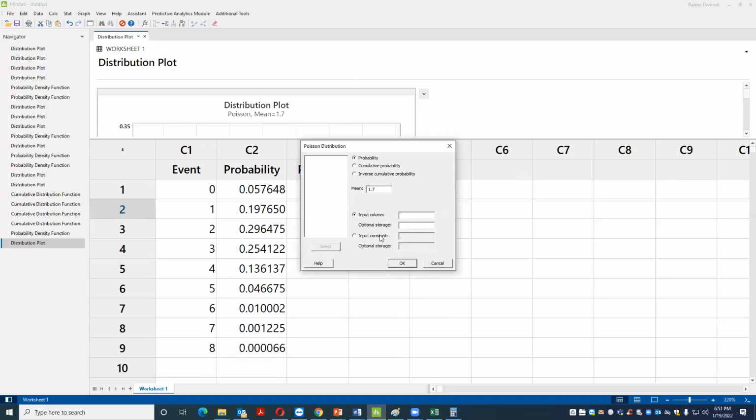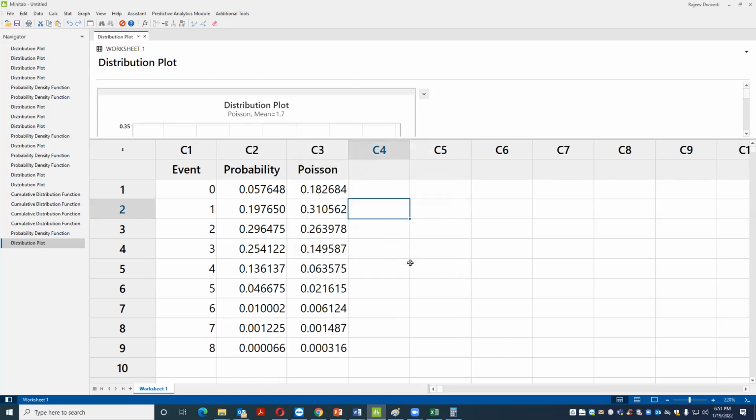I'm going to take the input column, this event. I have to look at this. This is the value. Now I do the CDF of Poisson.